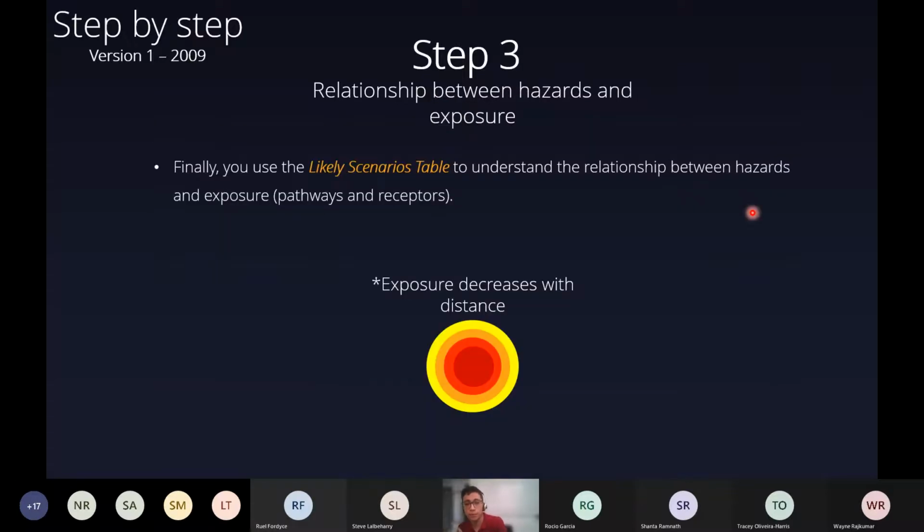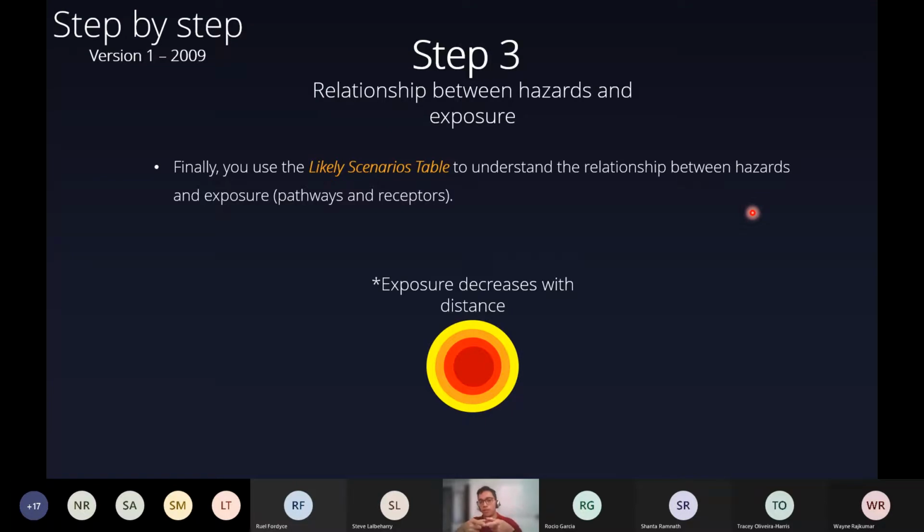And step 3 is to check the relationship between the hazards and the exposure. You use the likely scenarios table to understand the relationship between the hazards and the exposure, the pathways and the receptors, considering that the exposure decreases with the distance from the spill point.